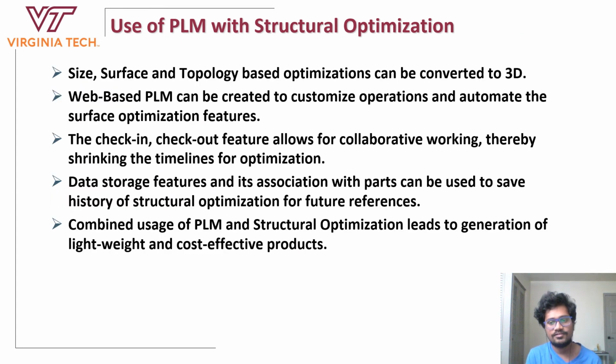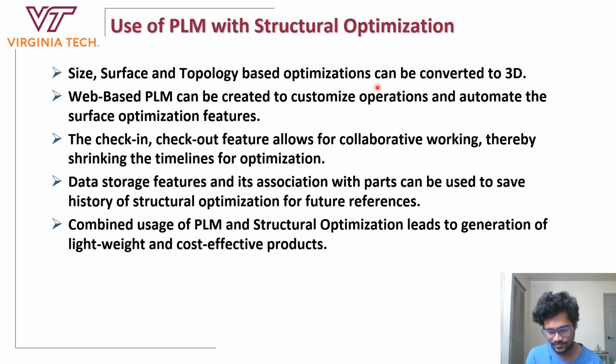So these were the literature reviews that we have done, and on this slide I summarize whatever we have learned from this and how PLM is basically suitable with structural optimization. The very first point observes that size, surface, and topology based optimizations can be converted to 3D.